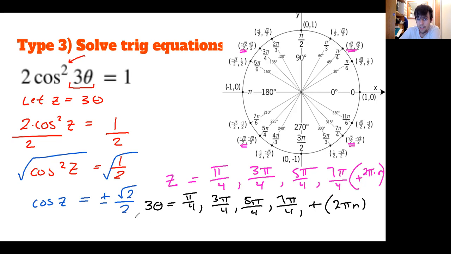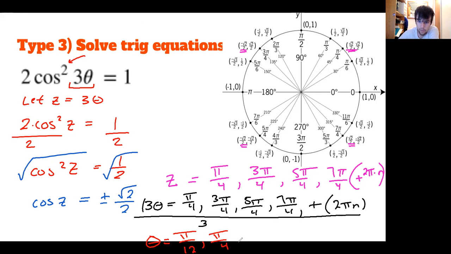If I take all these and I divide everything by 3, including the multiple of 2 pi, we're going to end up getting that theta is equal to pi over 12, 3 pi over 12, which is the same thing as pi over 4, 5 pi over 12, that's its own thing, and 7 pi over 12.